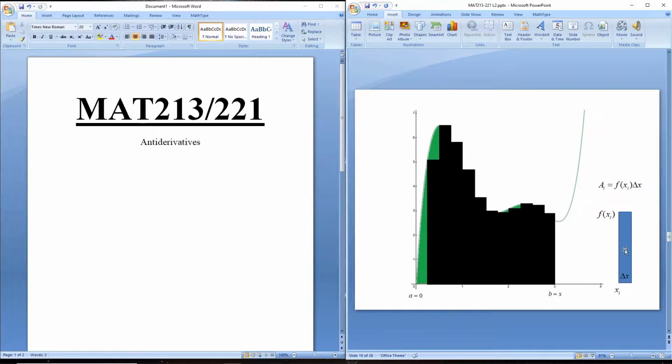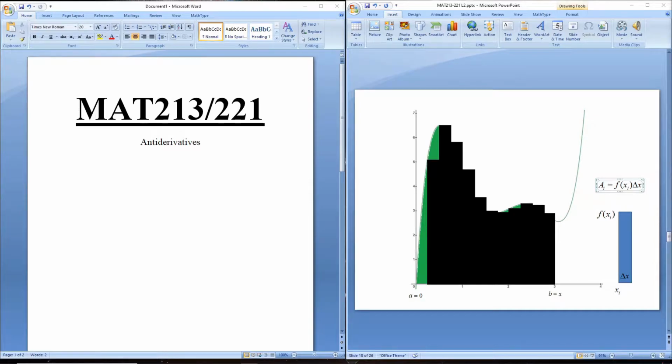And recall, these rectangles all had the same thickness of delta x. These rectangles are at a position xi, which depends upon if you did left, right, or midpoint. The height of these rectangles is always given by the function output, and the area of these individual rectangles is simply length times width. So in this case that is the height of the function times delta x.